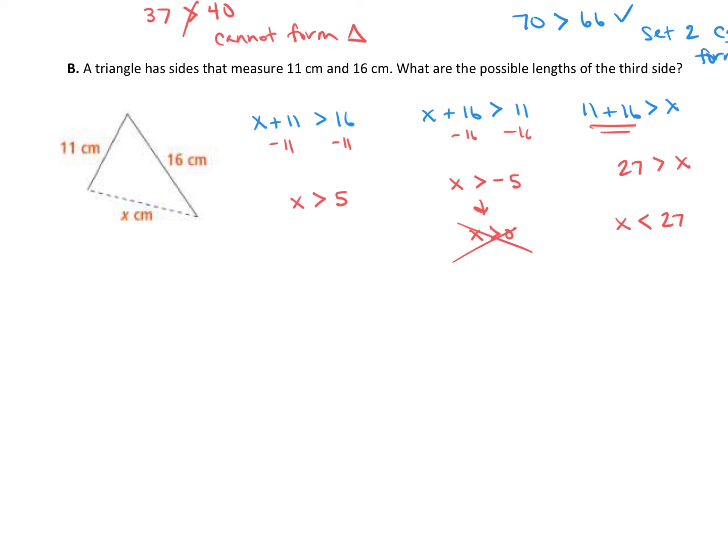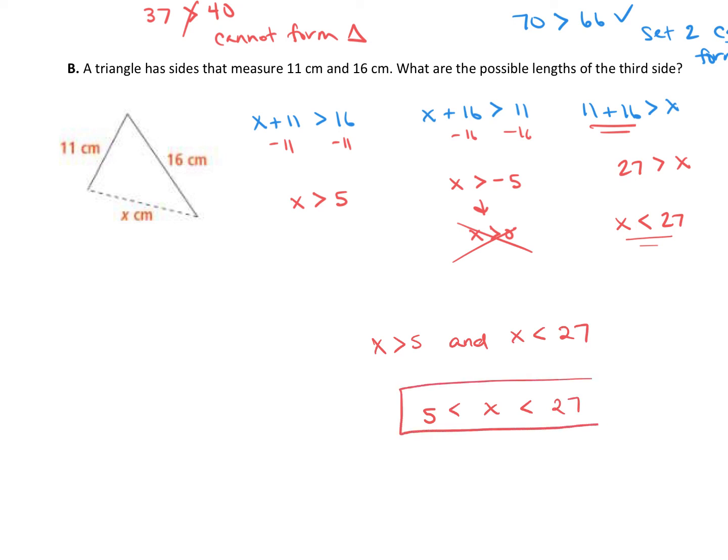So if we combine what we know, x has to be greater than 5, and from over here, x has to be less than 27, we get a range. Basically from 5 to 27 are the possible lengths of our third side. So we'll write that as a compound inequality: 5 is less than x, which is less than 27. This is just showing that our side length x has to be between 5 and 27.